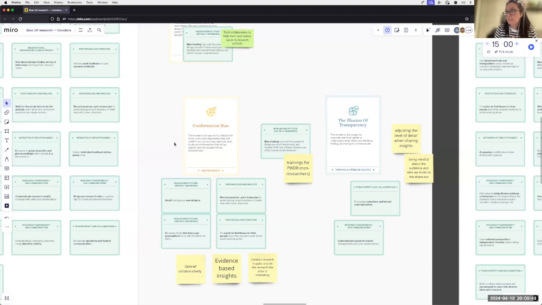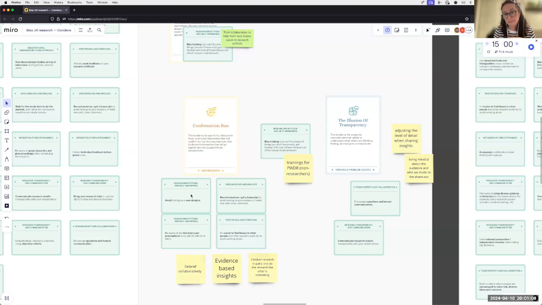We also discussed one of the ideas on the board, Stéphanie: avoid testing your own designs. We shared how challenging it is when research is democratized. So we decided to add one more idea, not only bias training, but training for people who do the research on good research practices, taking it to one more higher level.